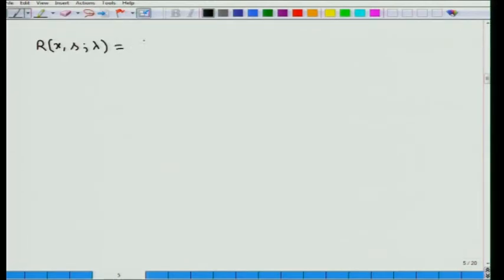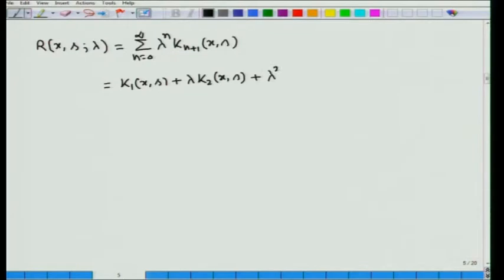That is equal to the sum over n from 0 to infinity of lambda to the power n k(n+1)(x,s). So, that is actually equal to k1(x,s) plus lambda k2(x,s) plus lambda square k3(x,s) plus dot dot up to infinity.